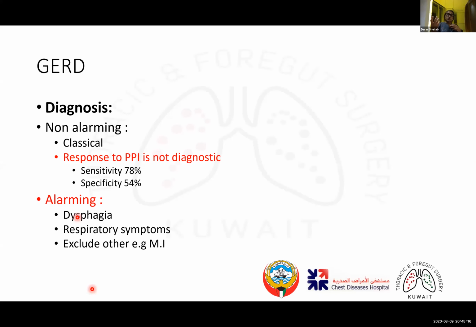So you want to distinguish alarming from non-alarming symptoms. And I'm going to tell you why it's important to know whether the patient has alarming or non-alarming symptoms. The non-alarming symptoms are the classical symptoms: heartburn, a little bit of chest pain, and regurgitation.